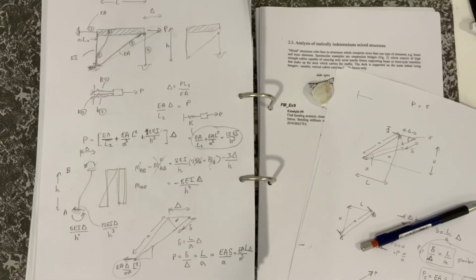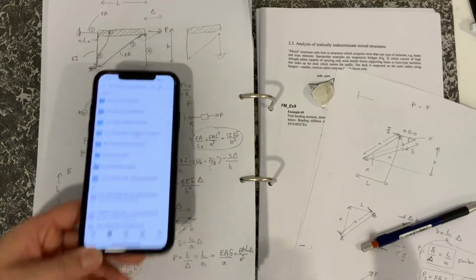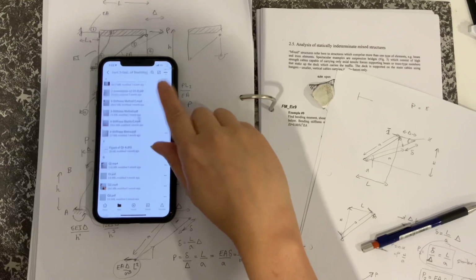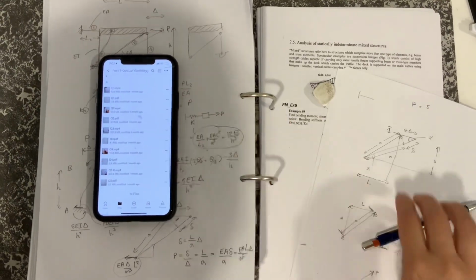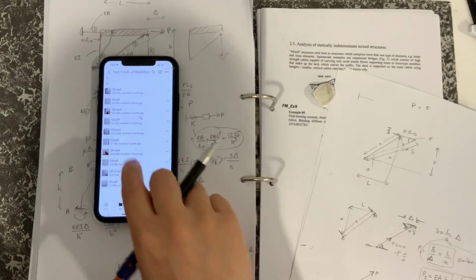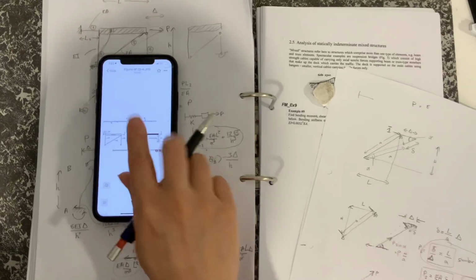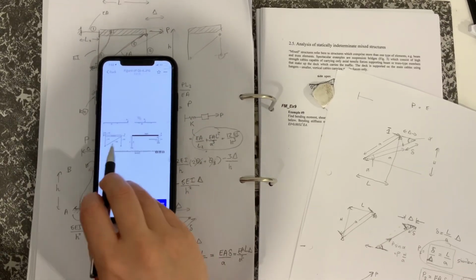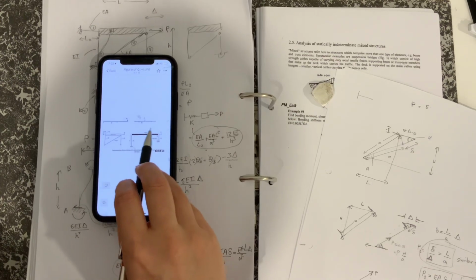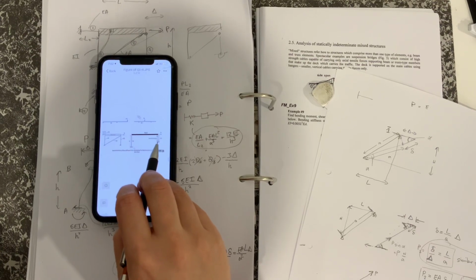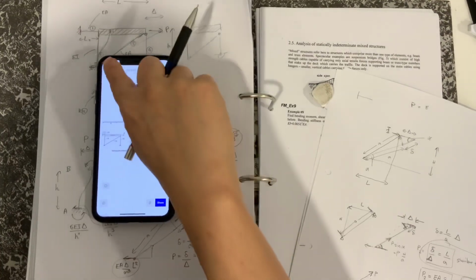at this stage, if you go into the Dropbox, remember any question on this stiffness stuff is completely optional. You can always do question 3, you don't need to do question 4. But if you wanted to look here, there are 4 questions that notes have been provided for. So one, we've had a look at these 2 plus this one here, and then this one here is very similar to this, except the heights are different and that there is a rotational spring there, but that's the only difference.